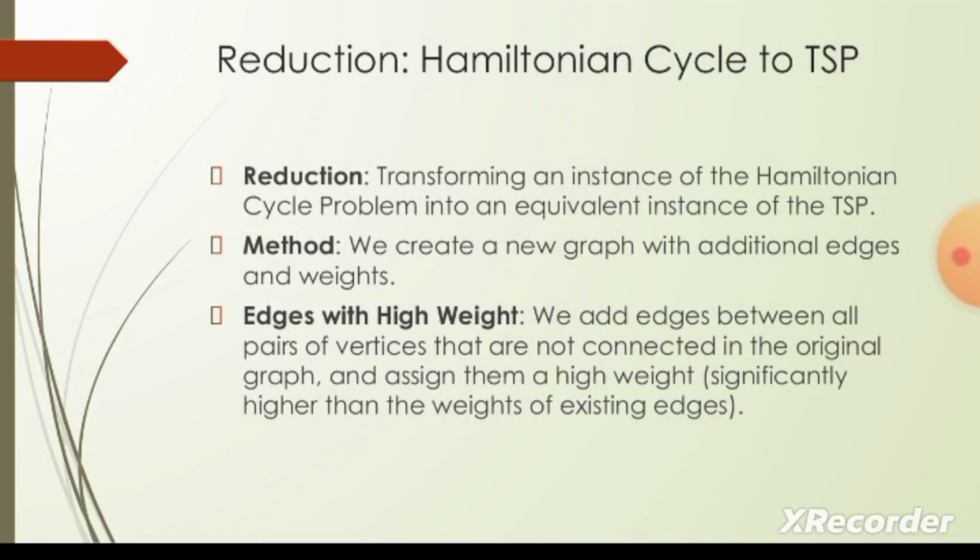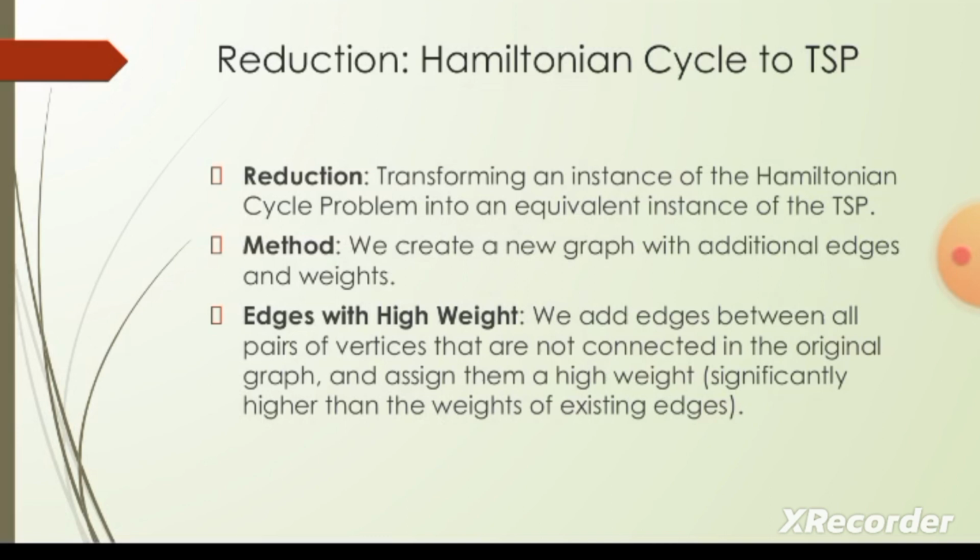So the method is we can create a new graph with additional edges and weights. We can add edges between all the pairs of vertices that are not connected in the original graph and then assign them a high weight, significantly higher than the weight of the existing edges.